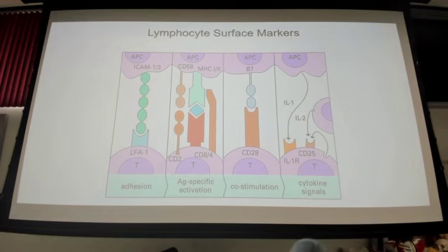Out of all these shapes on this cartoon, what is the T cell receptor that's interacting with MHC? What color is it? The deep red. I know there are some colorblind students, so I apologize. We've got two orange molecules on the flanks, and then this deep red one in the middle. That's your T cell receptor.